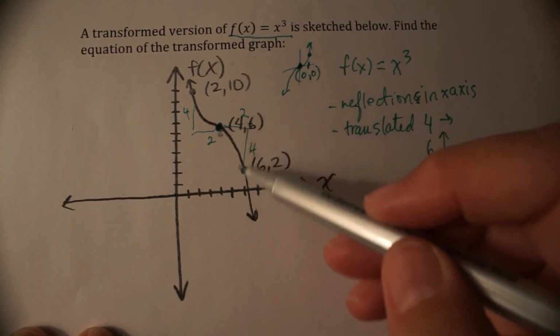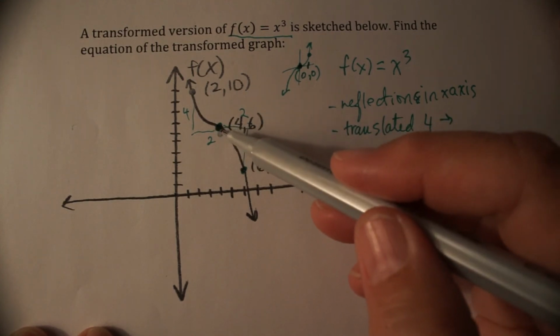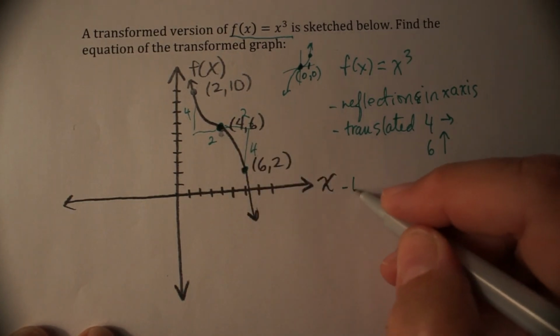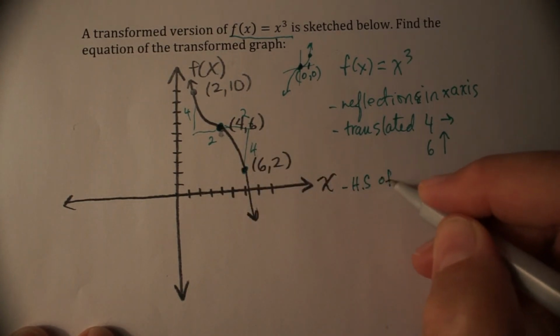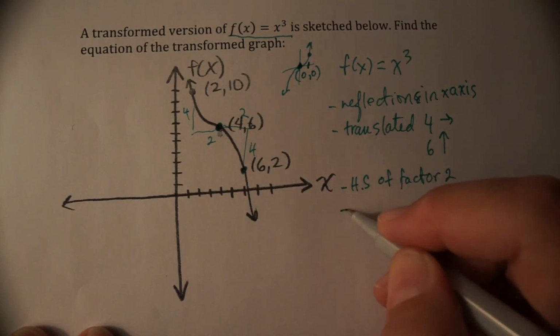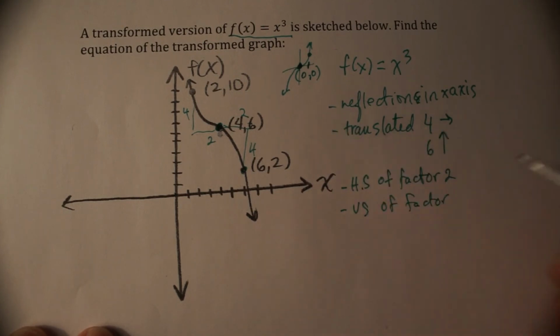So that means that is where the stretch has happened, right? We've made it taller and wider. So we've stretched it 2 to the right, 2 to the left, so that's a horizontal stretch of factor 2, and a vertical stretch of factor 4.